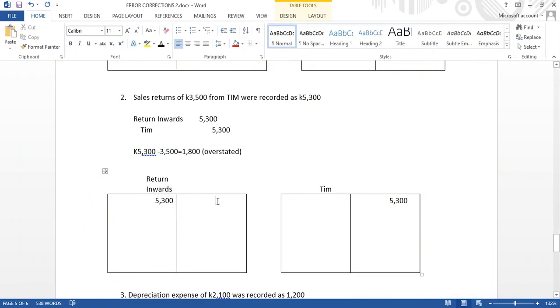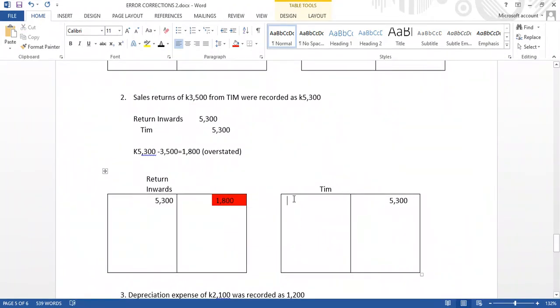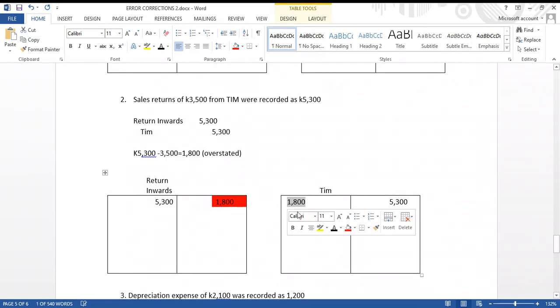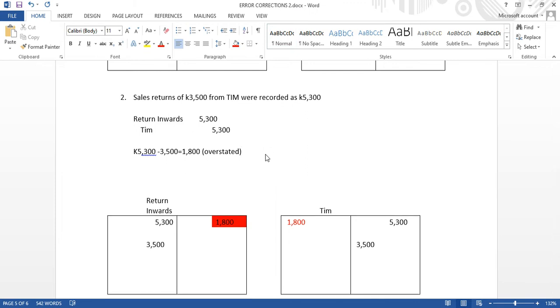We're going to credit return inwards 1,800, and we debit Tim also 1,800, so that we get our correct amount. 5,300 minus 1,800, you get 3,500. Then here you get 3,500.